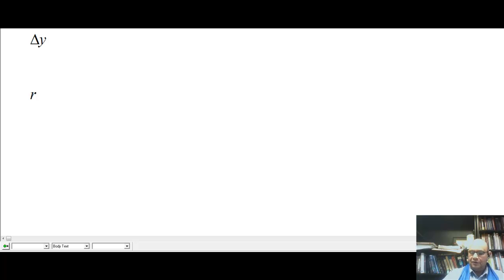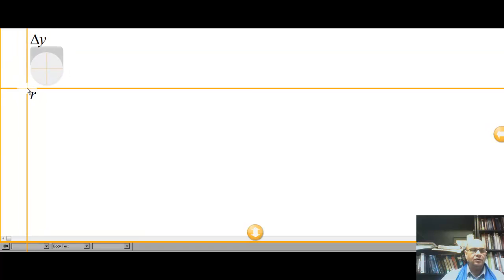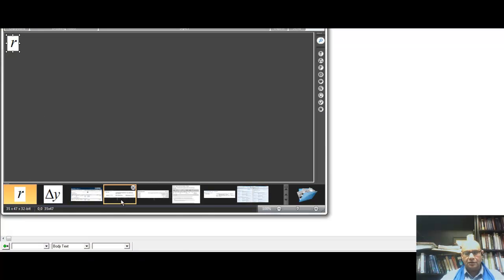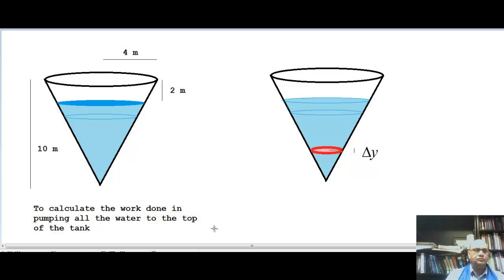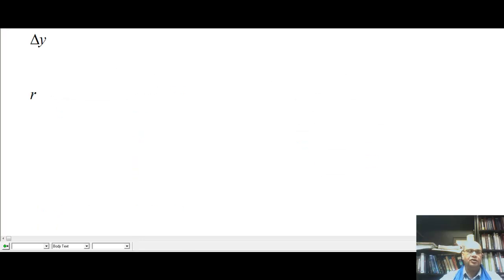The radius of this little slab is r. So this tiny slab that you see has thickness delta y and radius r. What will be its volume? Its volume is pi r squared delta y.